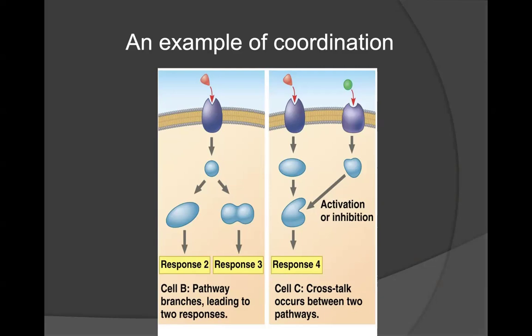Conversely, in cell C, we have an example of crosstalk, such that we have two different signal molecules binding, and the second binding of the secondary signal molecule will cause the activation or inhibition of the pathway involved in the cellular response. So this allows for coordination between pathways.